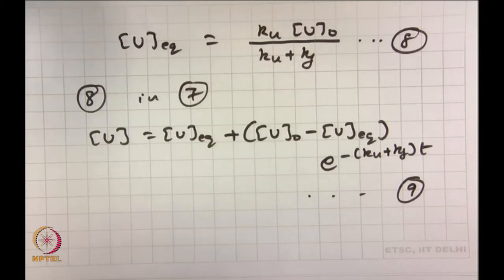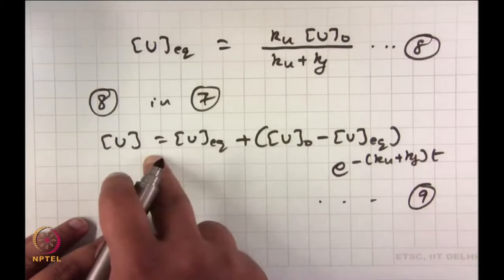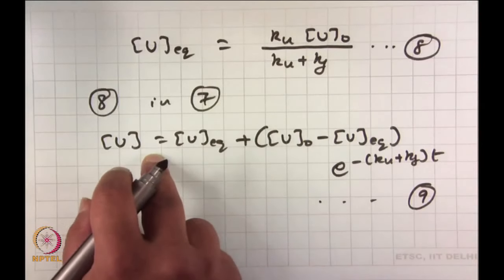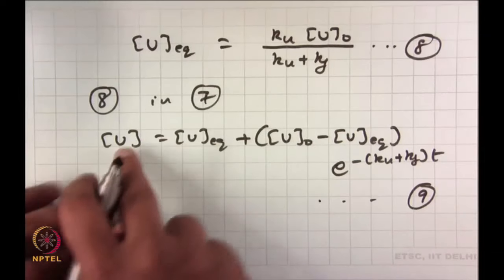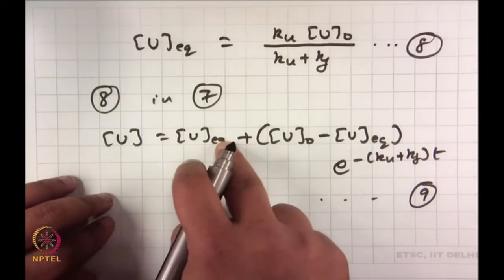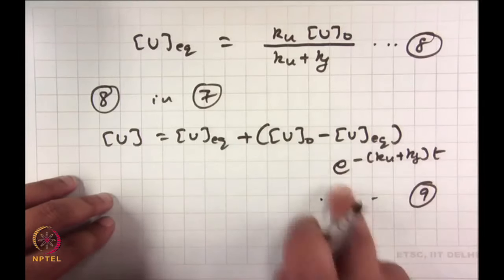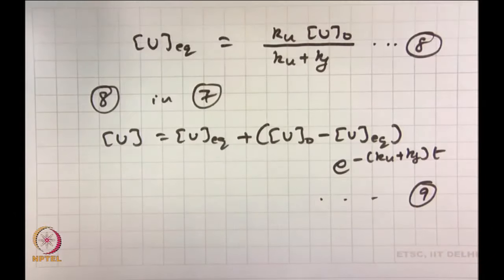So, this is the final equation you have, and this is the equation you are looking at. You can do one more simplification. You can take u equilibrium to the left hand side, and then take natural log on both sides. So, you would have ln (u minus u equilibrium) equal to ln (u naught minus u equilibrium) minus (k u plus k f) times t. You can easily do that, right.